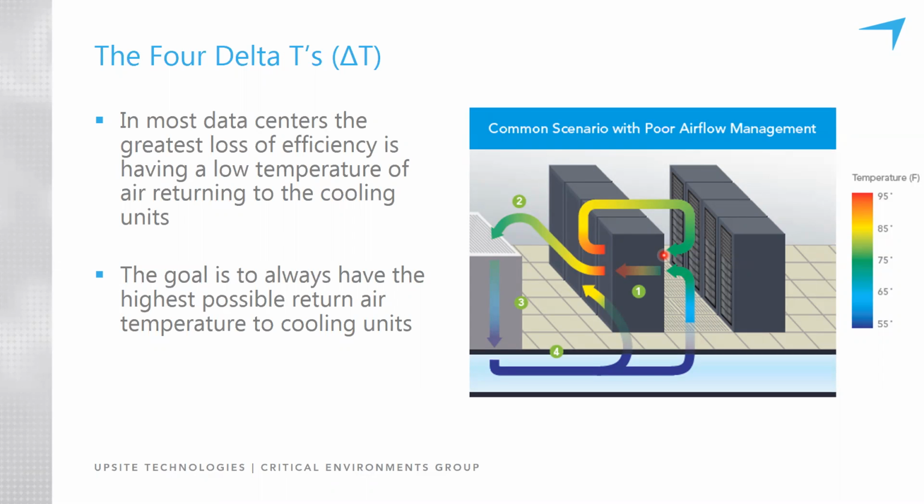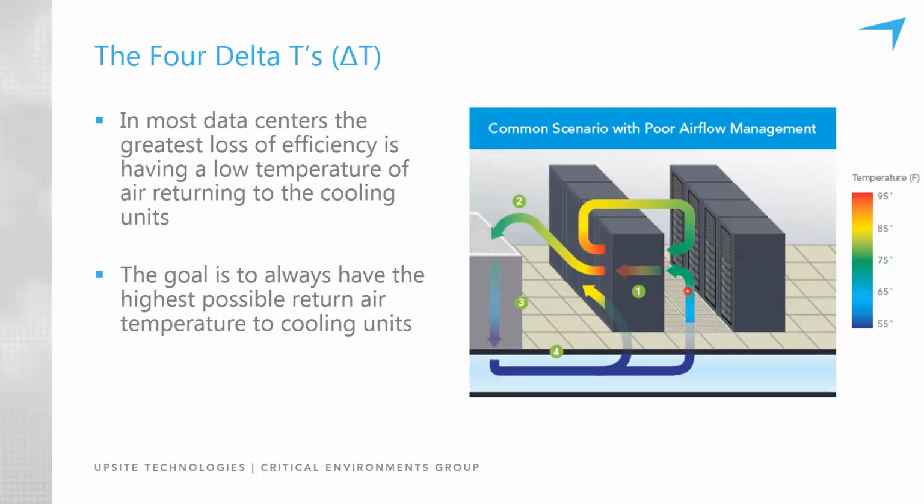So how do we manage this? What's the goal of this? What do we do with this information? The goal is to have these other two delta T's as low as possible. Ideal world, they would be 0. There would be no change in air temperature from the time it left the IT equipment before it returned to a cooling unit, and there would be no increase in air temperature from the cooling unit supply to the IT intake.